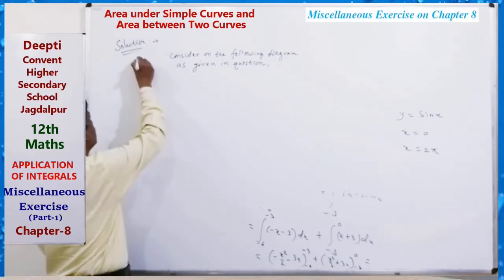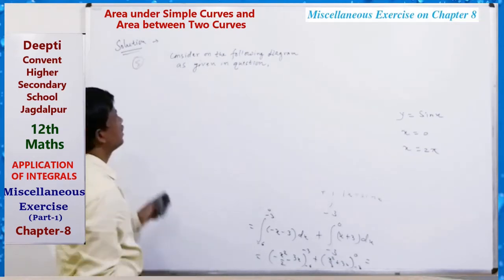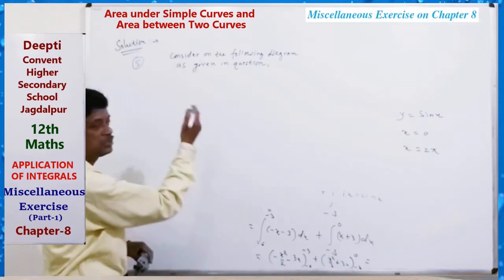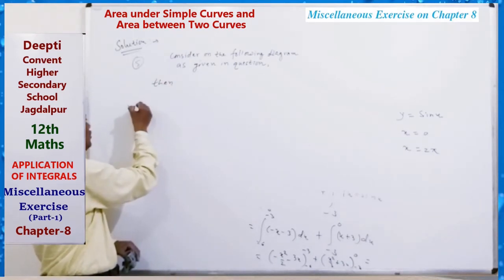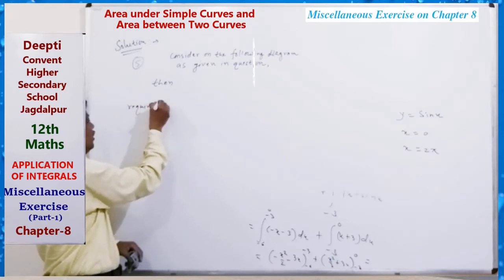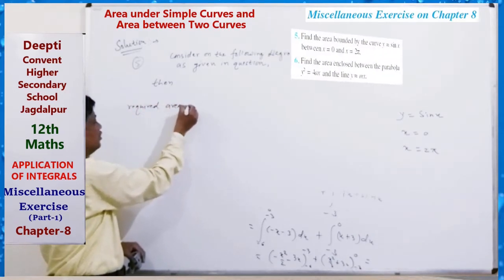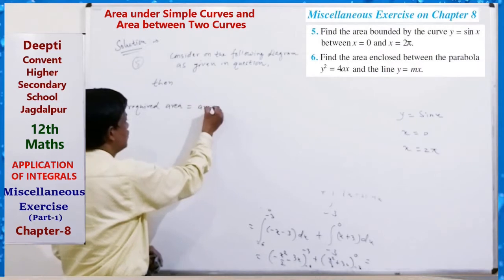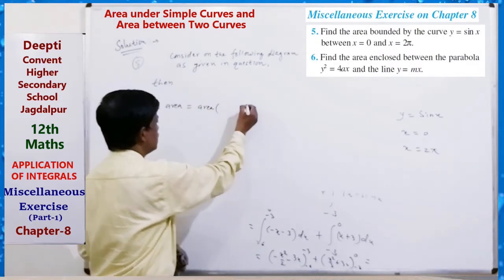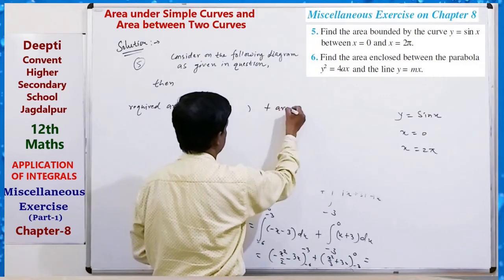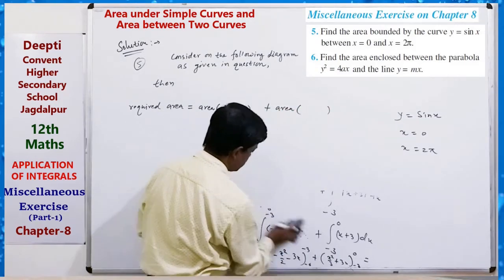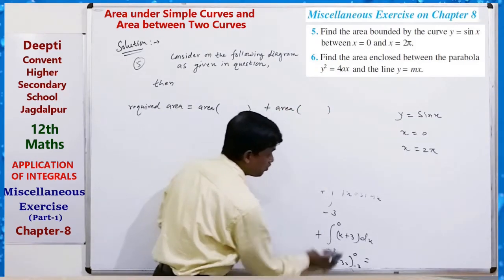Consider the following diagram as given in the question, then the required area is equal to area of this plus area of this, because here two parts will be there.